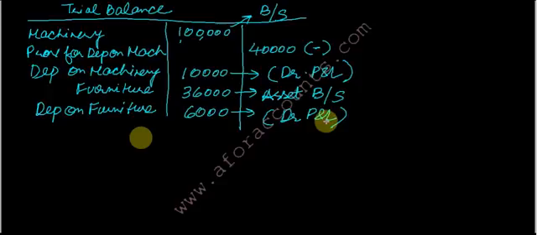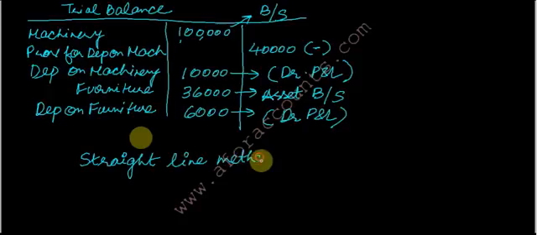Summing up, what is depreciation? Depreciation is a non-cash item, and we record depreciation in our books either on the straight line method or on the written down value method, which we also call WDV.